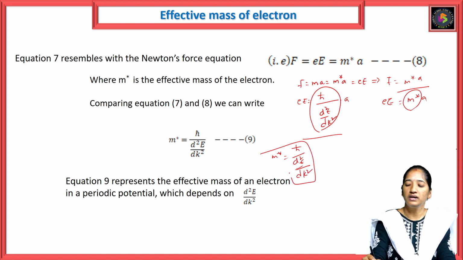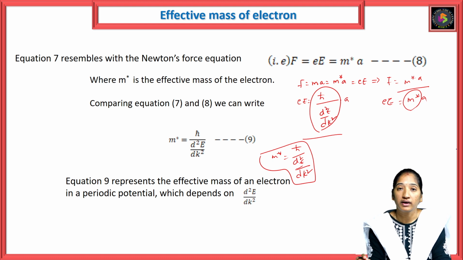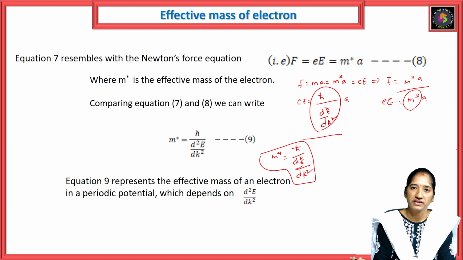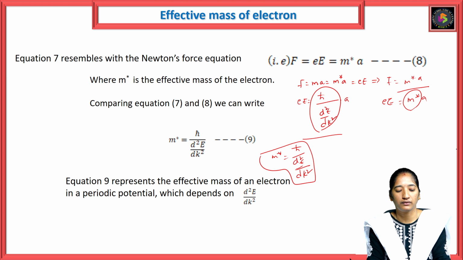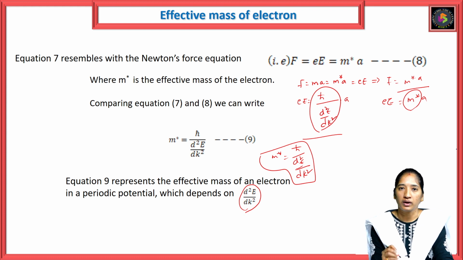We know that m star is the effective mass of an electron. So equation 9 represents the effective mass of an electron in a periodic potential, which depends on d square E by dk square.